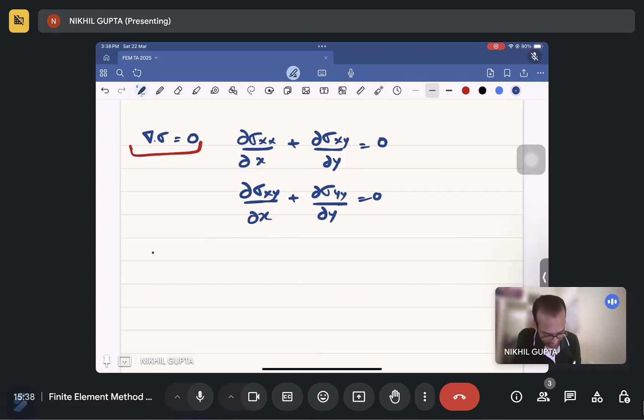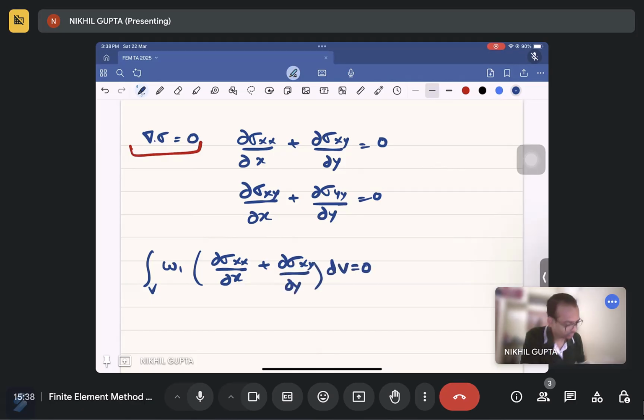So let's multiply the first equation with a weight function: w1 times del sigma xx by del x plus del sigma xy by del y, dV, equals 0.